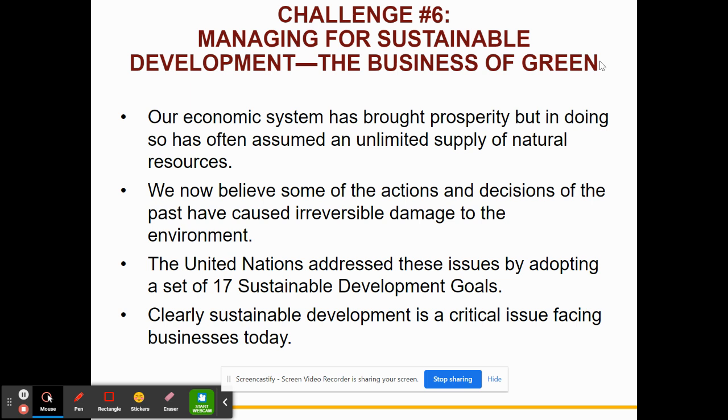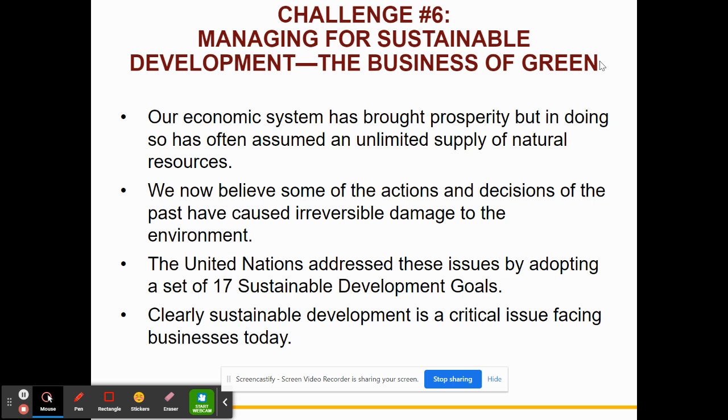Challenge 6, the business of green, managing for sustainability. With the prosperity our economic systems have brought, we have done so by consuming a lot of natural resources. While one argument on the spectrum is that natural resources are to be consumed, another argument is that these natural resources are not unlimited.